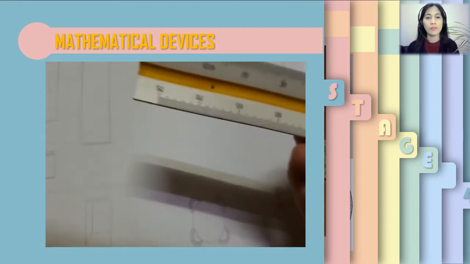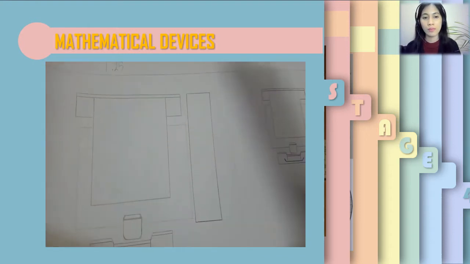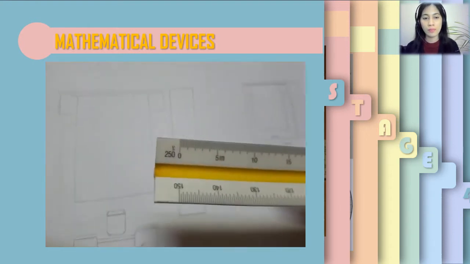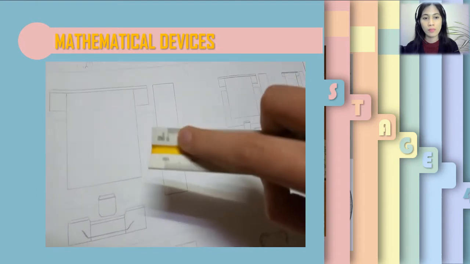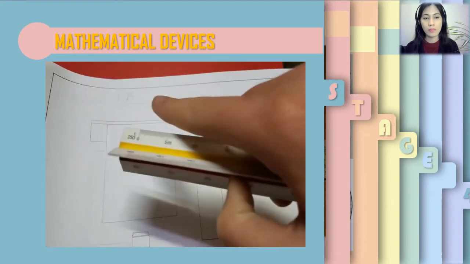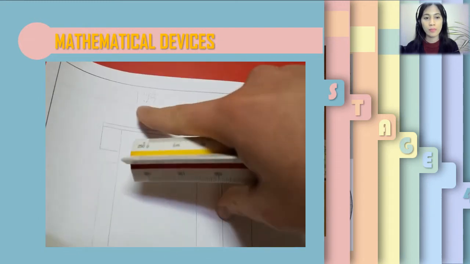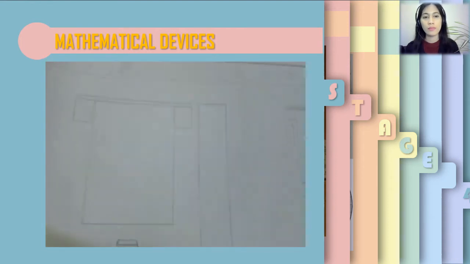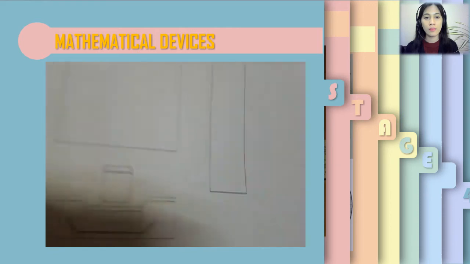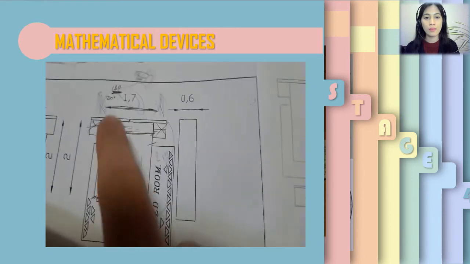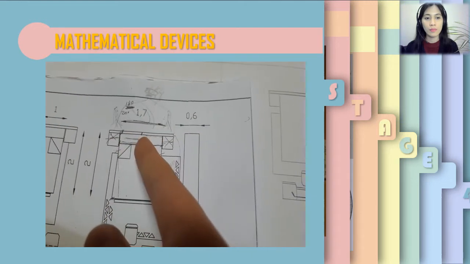So, let's start with the 1 to 25, and on my ruler, it's 1 to 250. That's the same thing because this one is actually in millimeters, and I'm doing centimeters, so that's just the 10 difference. But the 1 actually means 1 meter. So on my paper here, it says that the length of the bed is 1.7.